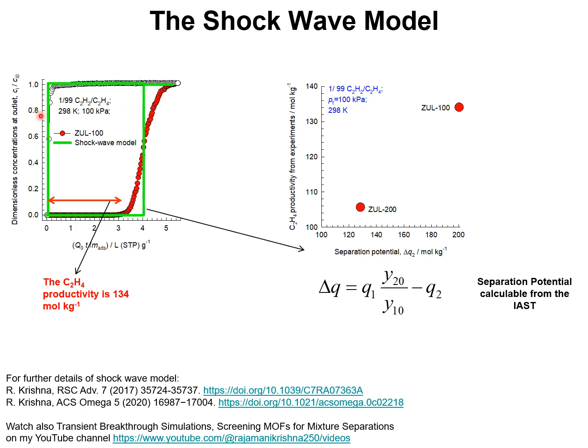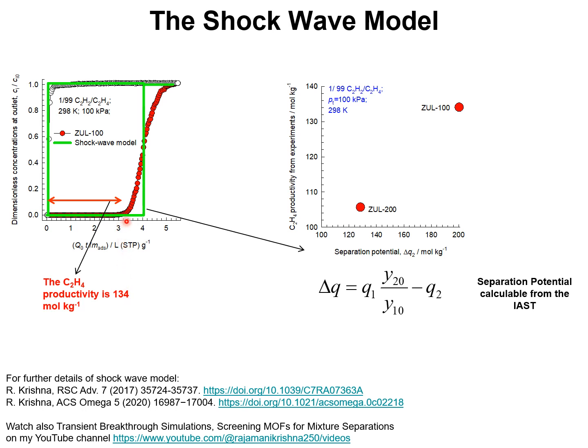For 1/99 ethyne-ethene mixtures for ZUL-100, the value of delta Q is 200 moles per kilogram, and from the breakthrough experiments, the productivity of purified ethene is significantly lower, and it amounts to 134 moles per kilogram.